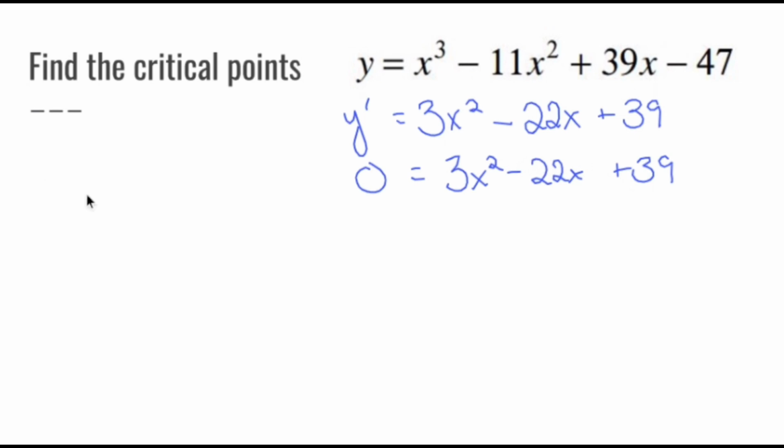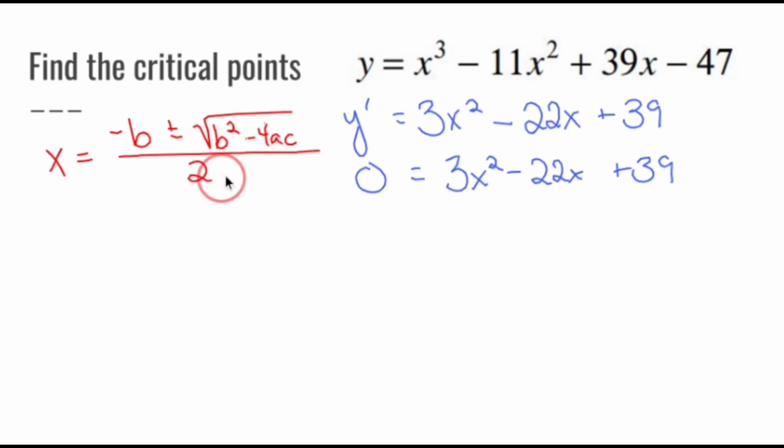So I'm going to use the good old quadratic formula. x equals negative b plus or minus the square root of b squared minus 4ac all over 2a. So here's my a, negative 22 is my b, and 39 is my c.